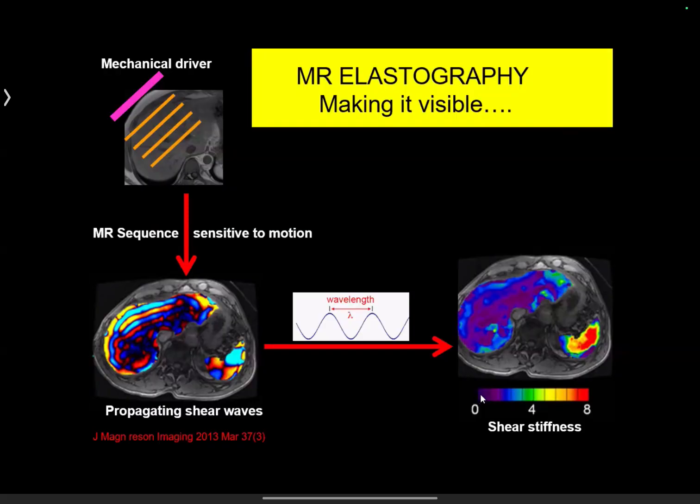Blue and purple is normal, and red is grade 4 fibrosis. So one, just by visually looking at it, you can make out there is fibrosis. And secondly, you can create ROIs and get an actual value, which is called the kPa value.